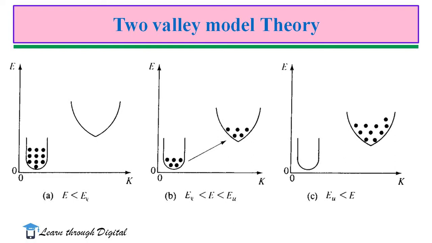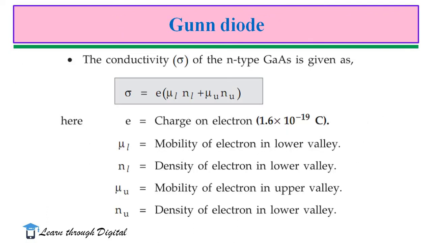If electron densities in the lower and upper valleys are NL plus NU, the conductivity of the n-type gallium arsenide is given by sigma is equal to e into (mu L NL plus mu U NU). L and U represent the lower valley and upper valley. e is the charge of an electron and mu is the mobility of the electron.